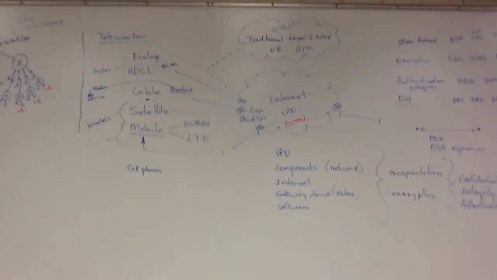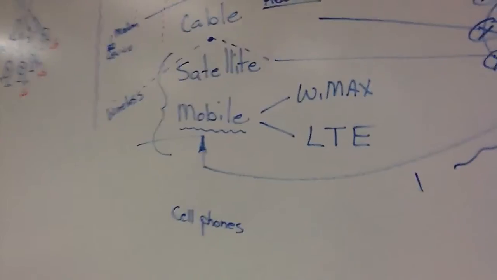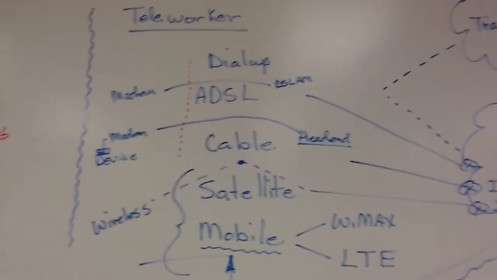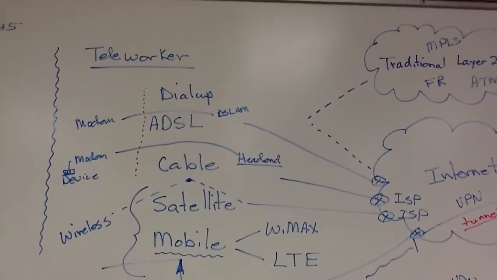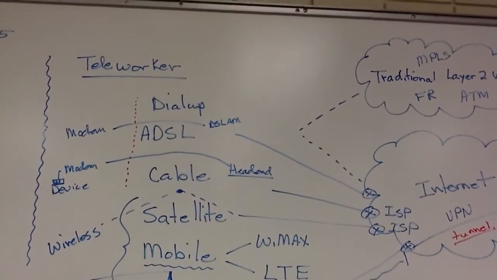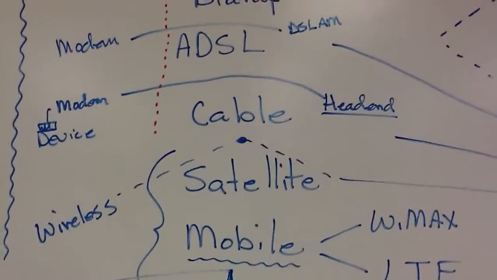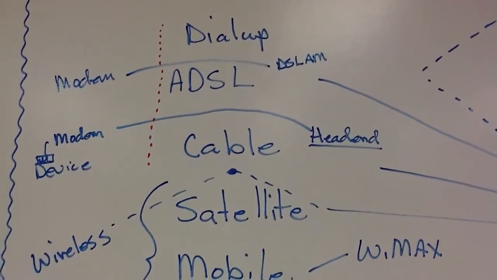Then we covered teleworkers. You know, coming in remotely, either site to site, or maybe where we need to connect mobilely, where we're out at a motel or from home, and we ran through these methods of doing this. You can dial in, use dial-up.